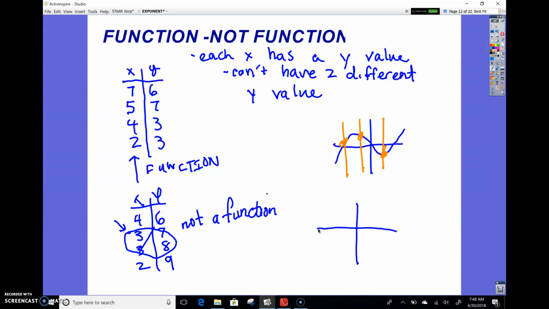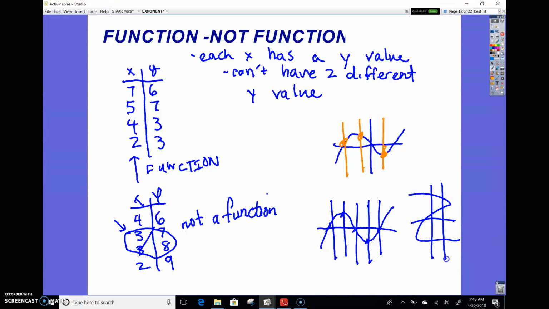I wanted to do a different color. See? 1 point, 1 point, 1 point, 1 point, 1 point. You see how it touches that line at 3 different points when I draw a vertical line? So this one is not a function. This one is a function.